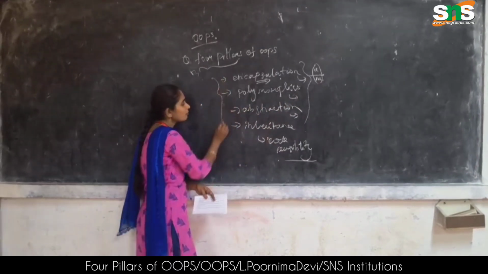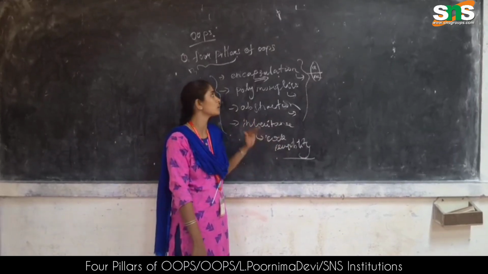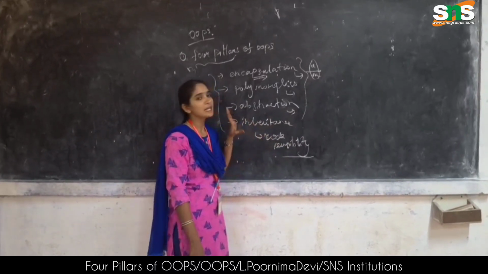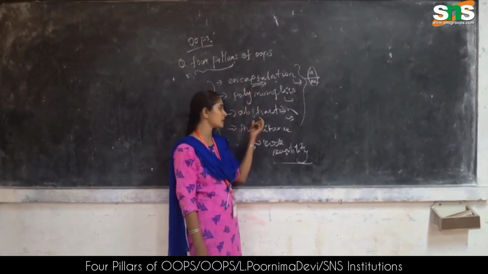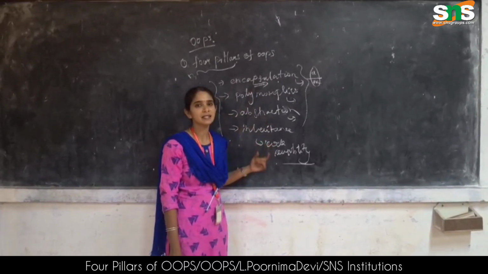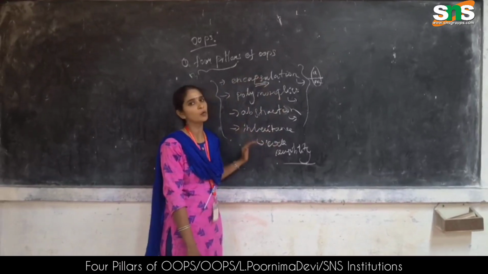So these are the four pillars. We have already seen class and object, which are also OOPS concepts, but the main importance is given to the pillars: encapsulation, polymorphism, abstraction, inheritance. These play the main role in our OOPS concept.